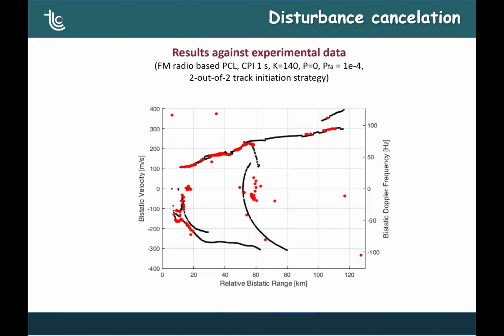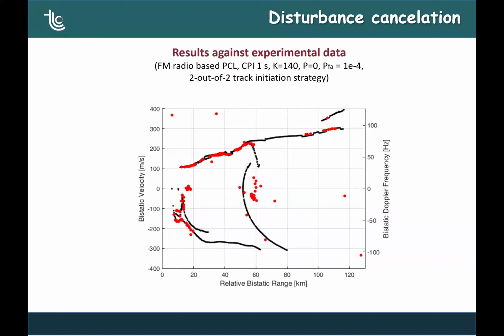Here you see an example of final results of the tracking. This is just an example with the FM radio station. In this experiment, there were K equal to 140 range cells used for cancellation, the PFA is equal to 10 to the minus 4, and the coherent processing interval is 1 second.